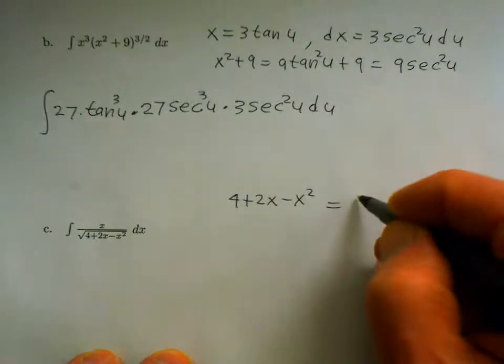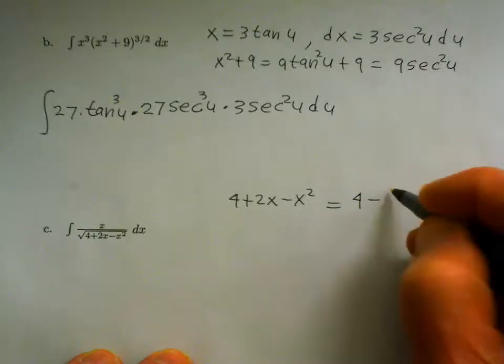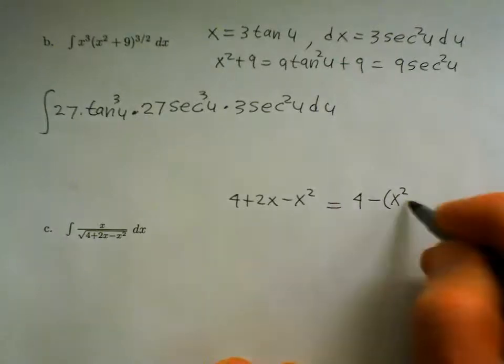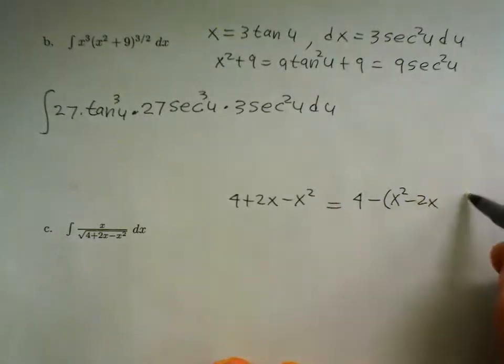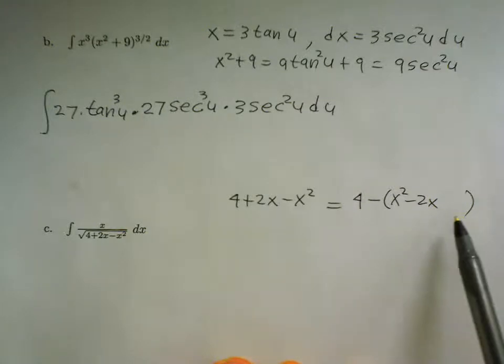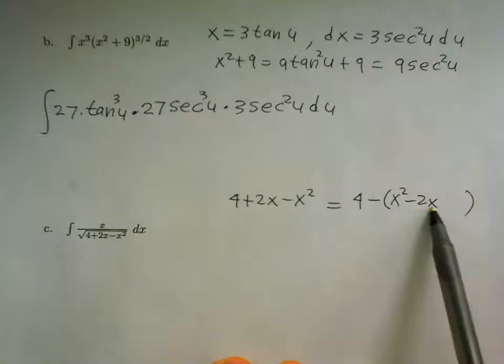So we'll think of this as 4 minus the quantity x squared minus 2x. And then we're going to add 0, but on the inside of the parentheses, we'll complete the square.